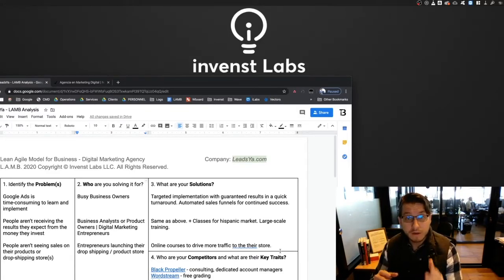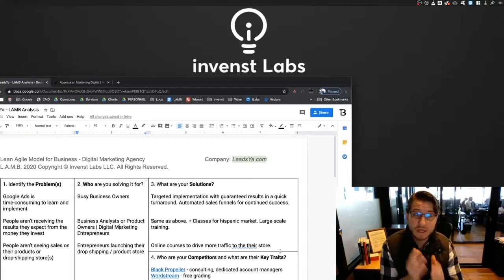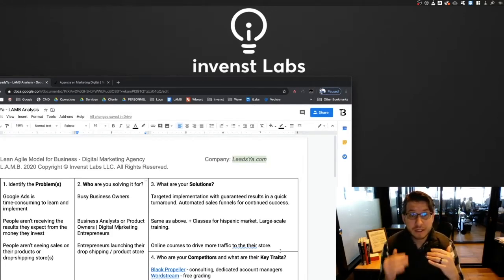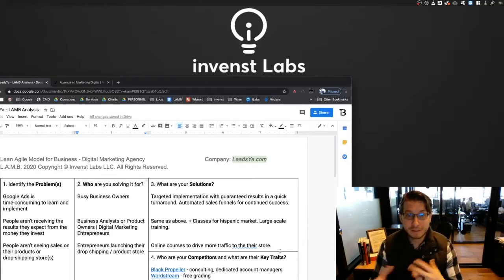So the solutions they offer for their customers are a targeted approach to implement the advertising campaigns with guaranteed results. When you promise results to a client, you're actually increasing your ROI because you're telling them, I promise you, you're going to get the results that you expect, and if you don't, the money is given back. So most people that guarantee results can raise their prices.